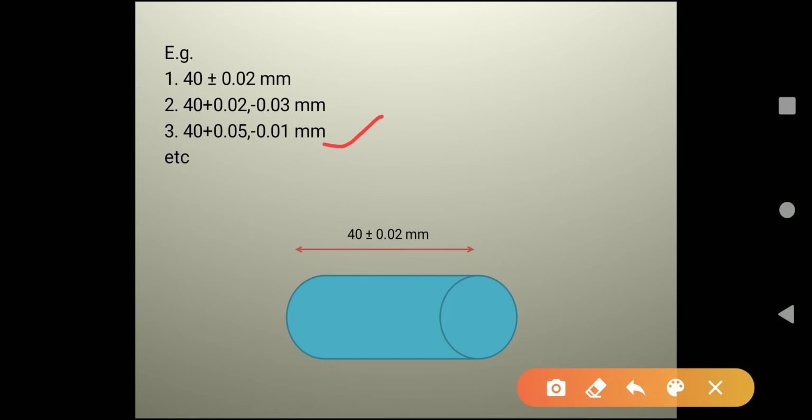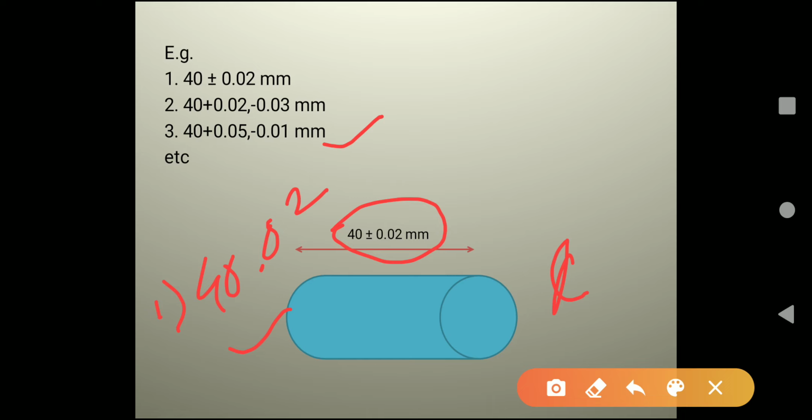Here in the figure you can see how exactly, for a particular length of a cylinder, the tolerance is placed: 40 plus minus 0.02 mm. So either you can set it as 40 plus 0.02 and minus 0.02.